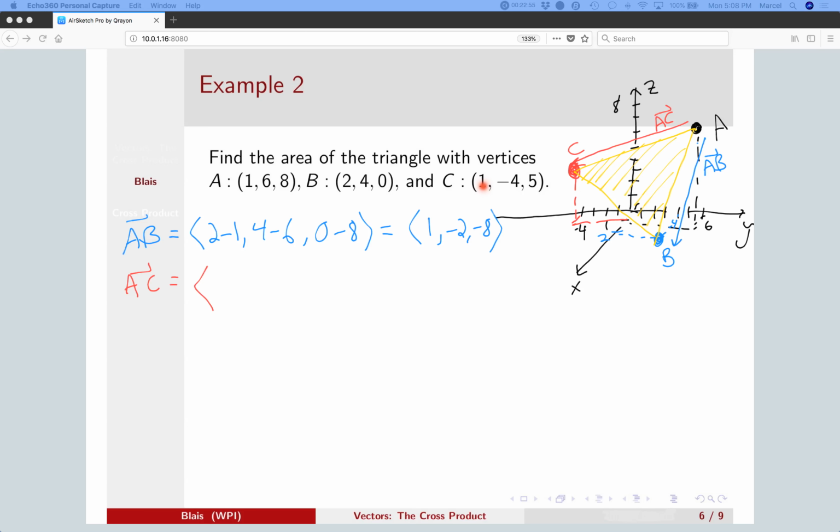So we do 1 minus 1, negative 4 minus 6, negative 5 minus 8. So we have 0, minus 10, minus 13.